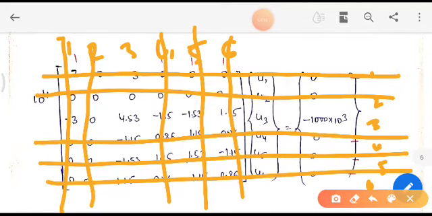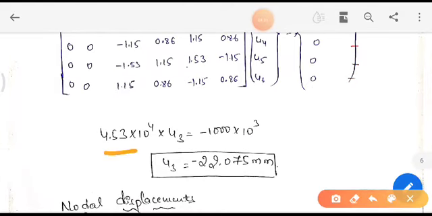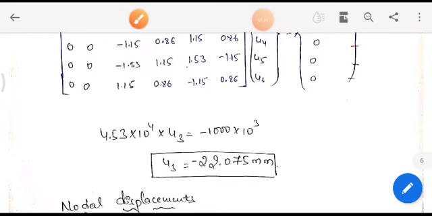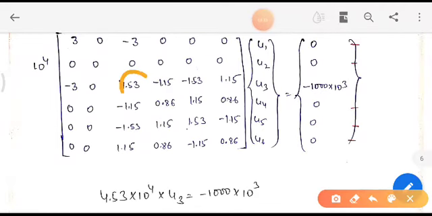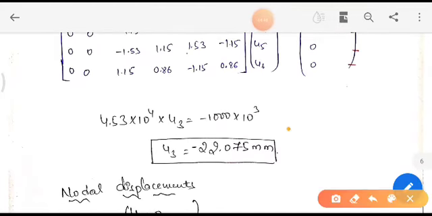What is left here? 4.53 into 10 raised to 4 into u3 is equal to minus 10,000 into 10 raised to 3. If you simplify this, you will get u3 is equal to minus 22.075 millimeter.